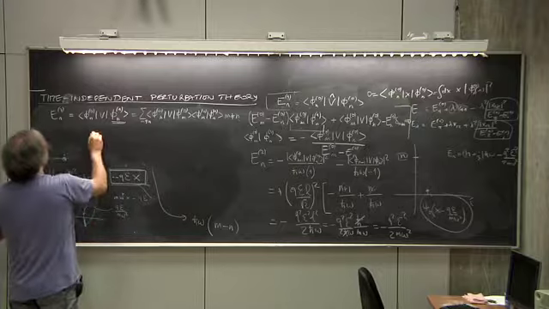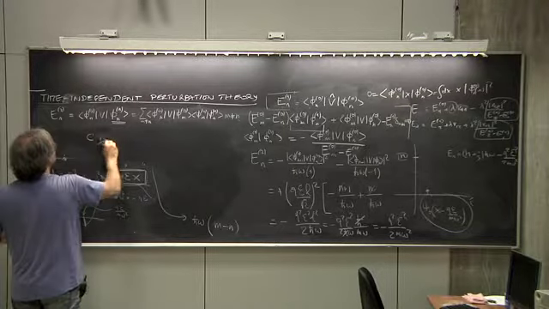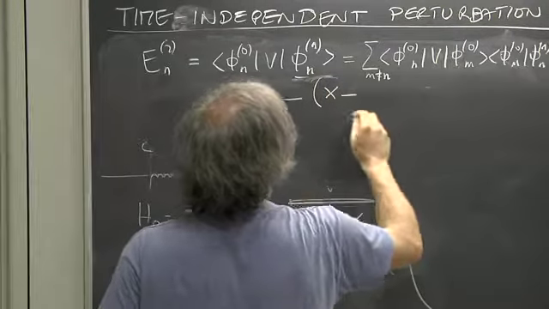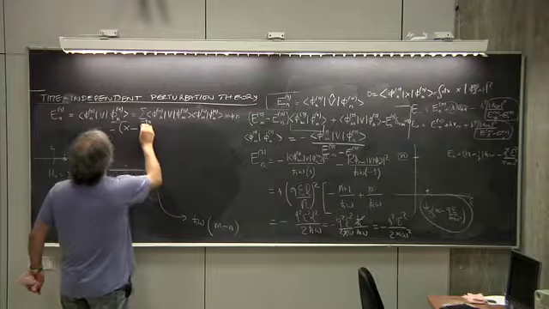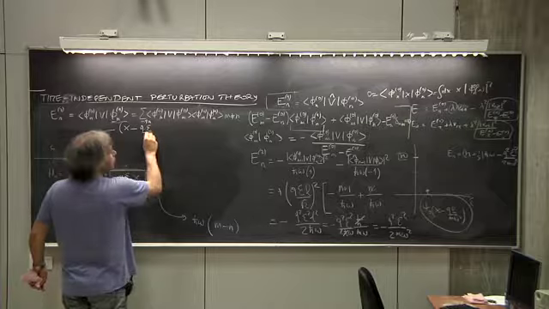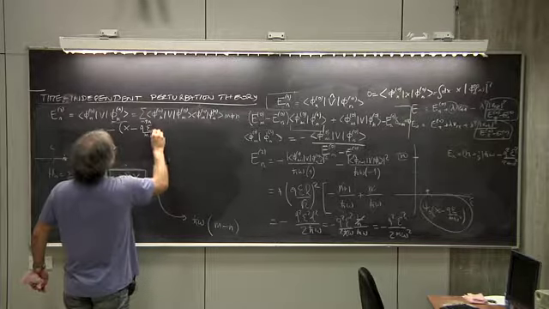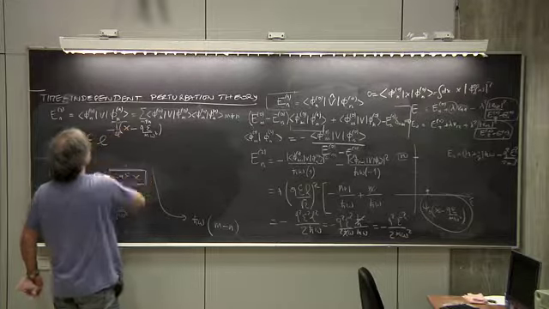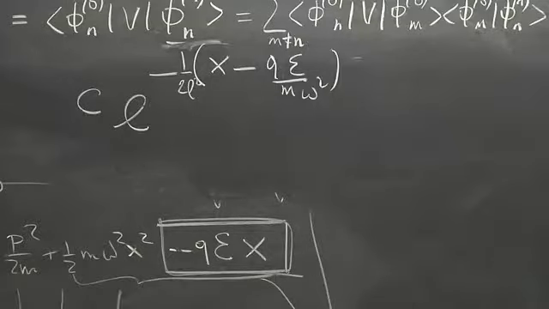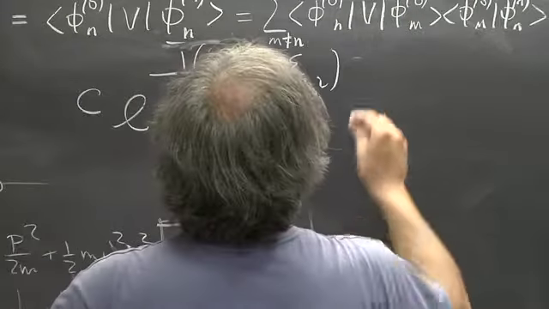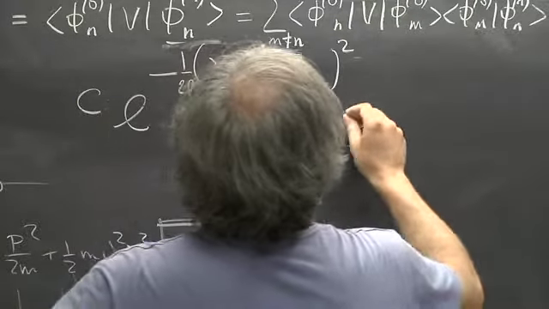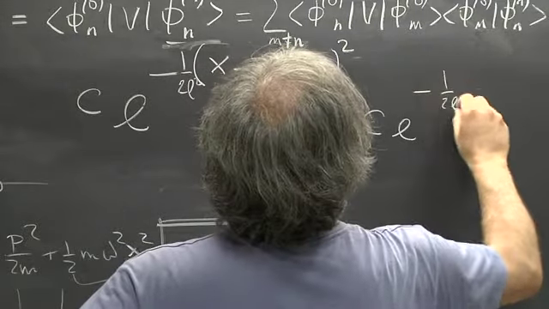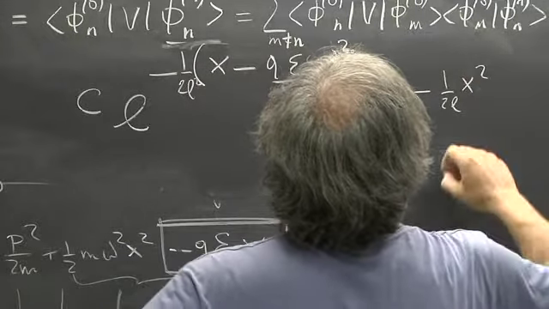So I have C times e to the minus (x minus qε over mω²) squared, divided by 2L². This is the new ground state. Okay? You see that I can square. I can rewrite this as C e to the minus x² over 2L².